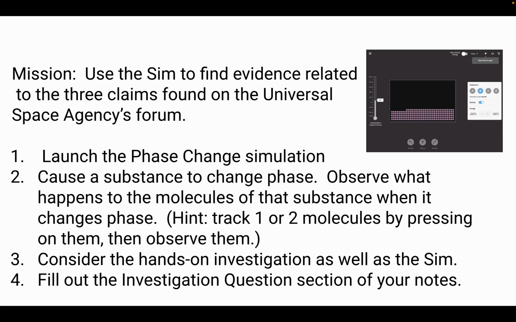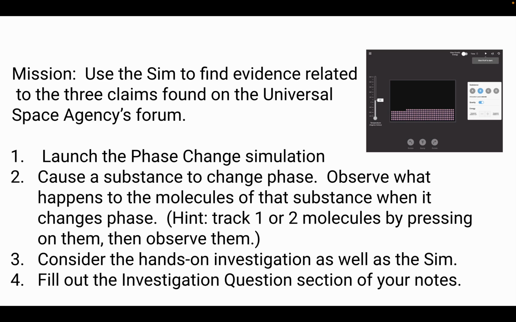So for example, go ahead and track 1 or 2 molecules by pressing on them like what I did and make observations. Do whatever you need to do. Tilt the container, bump the container, do whatever you need to do to try to find evidence to prove or disprove those 3 claims. And you can even consider the hands-on investigation that we did as well as the sims.